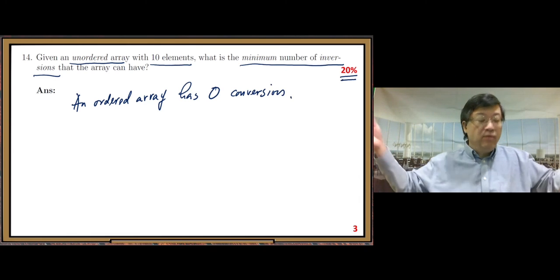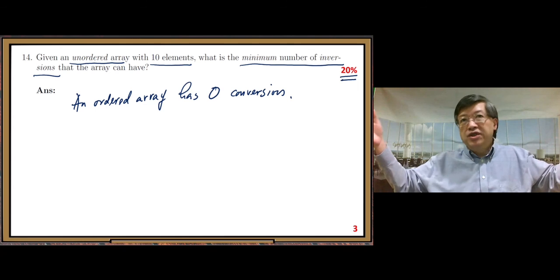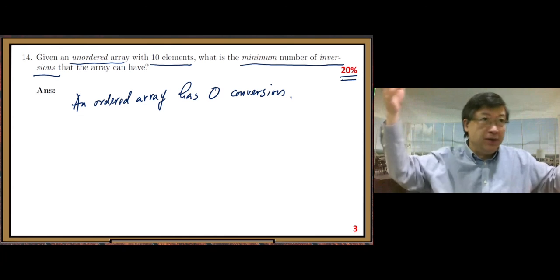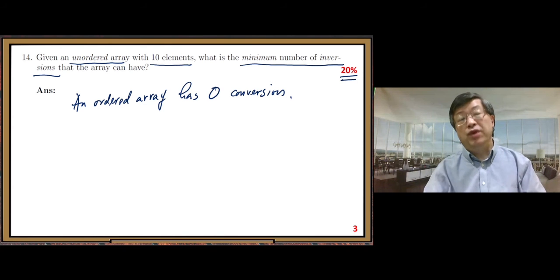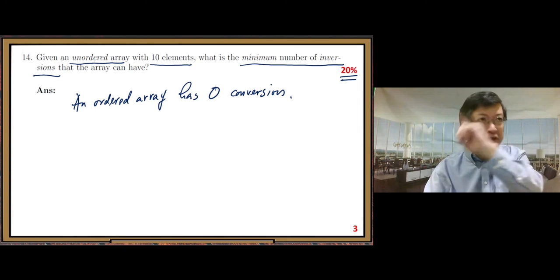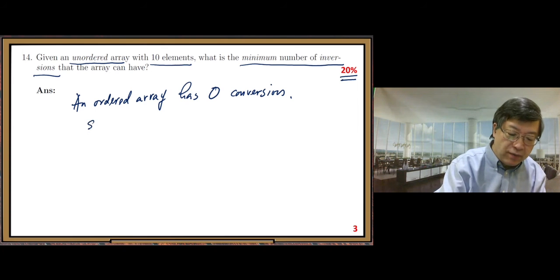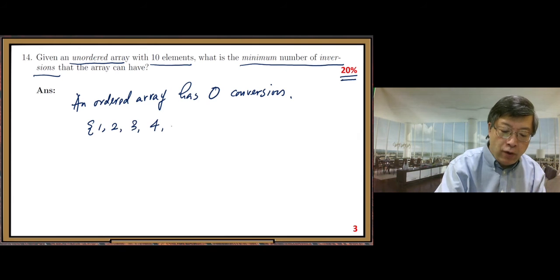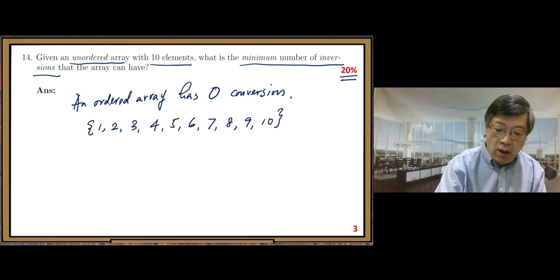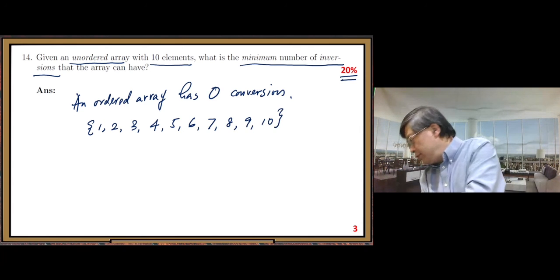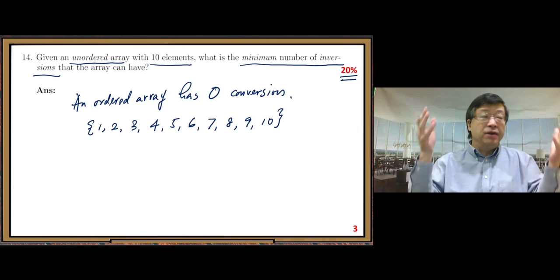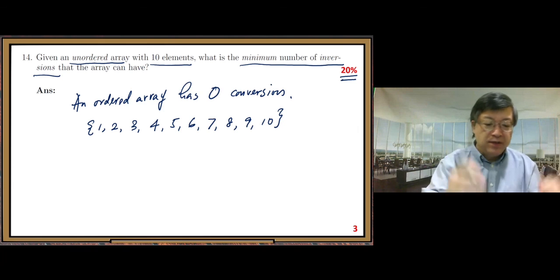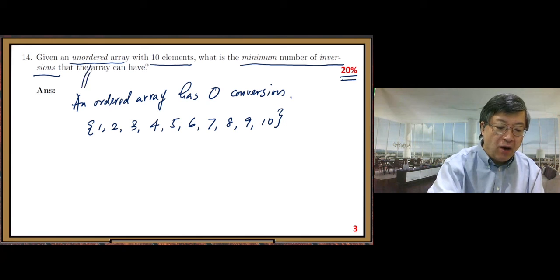So that's our starting point. Let me write it: 1, 2, 3, 4, 5, 6, 7, 8, 9, 10. 0 inversions. But next, we are given an unordered array.